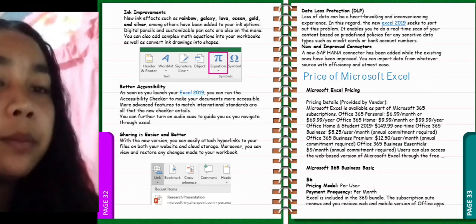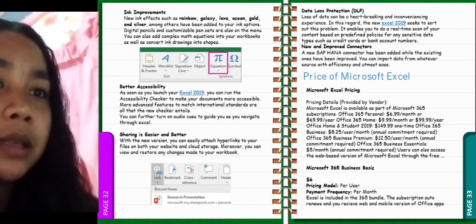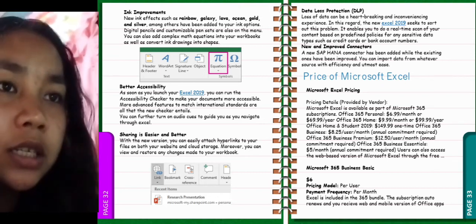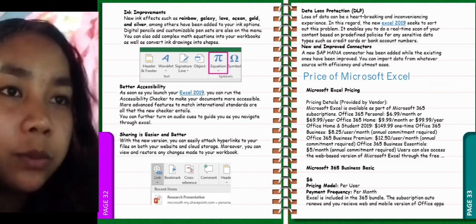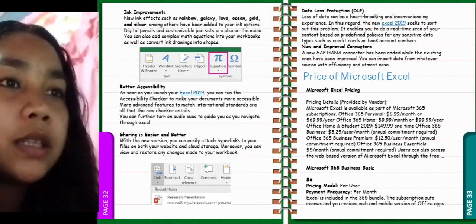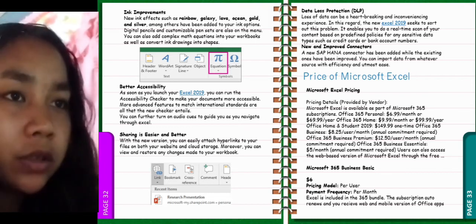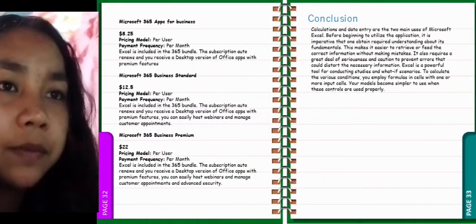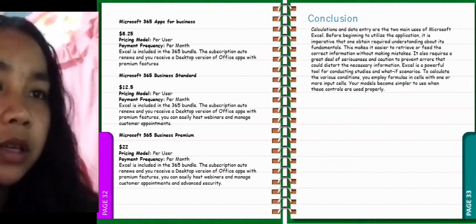Pricing model per user. Payment frequency per month. Excel is included in the 365 bundle. The subscription auto-renews and you receive web and mobile versions of the Office app. Microsoft 365 Apps for Business, price $8.25.